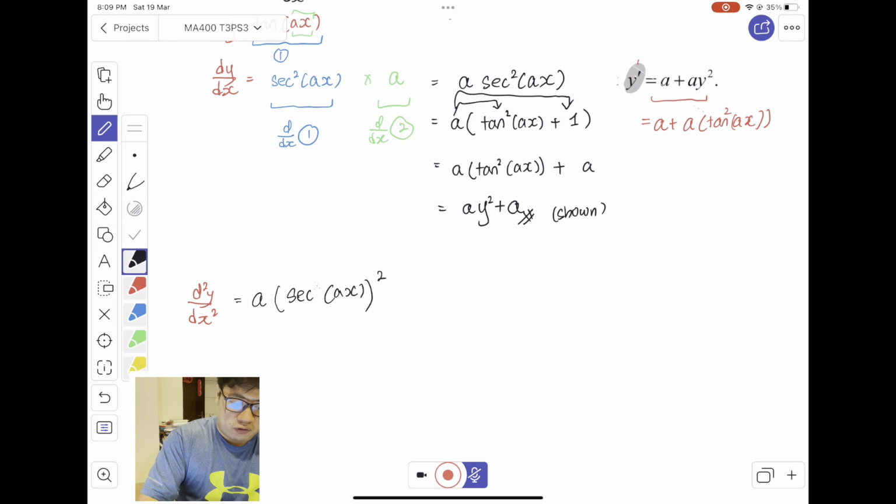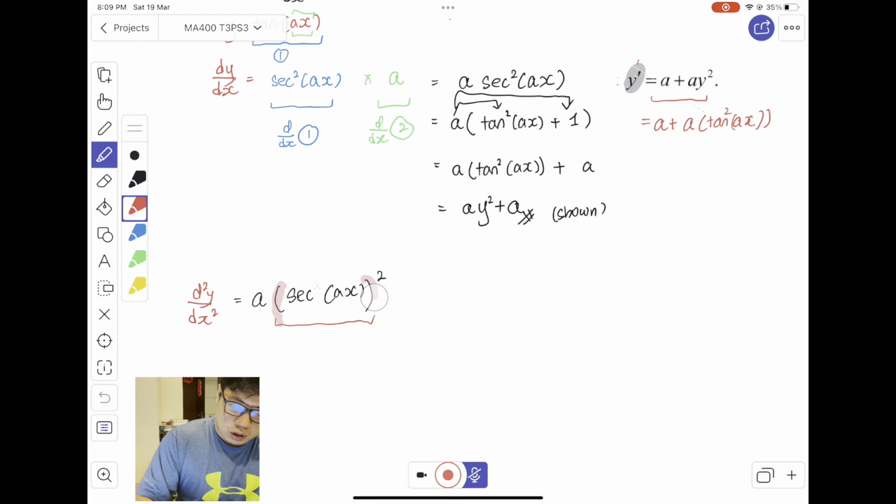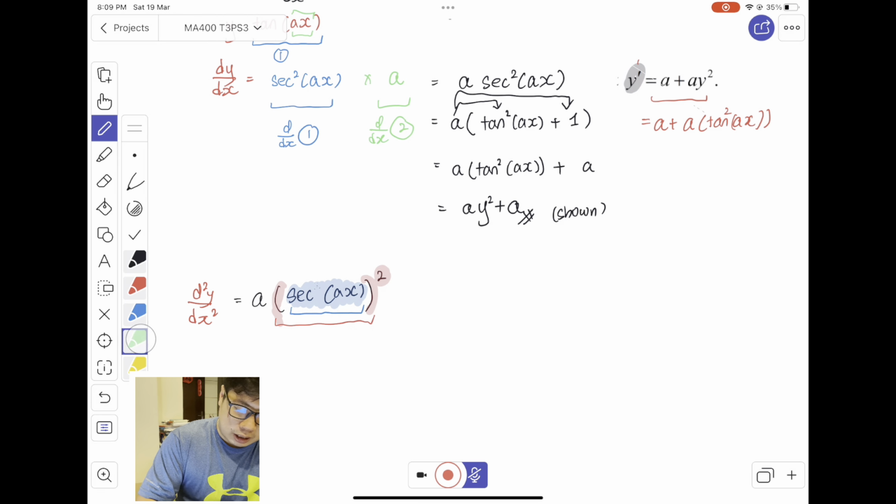The first layer would be that power 2, which we need to take care of. The second layer here would be sec ax. And the third layer would be ax. So there are 3 layers here.